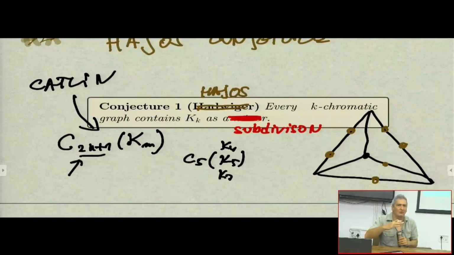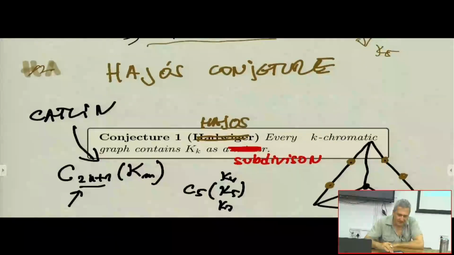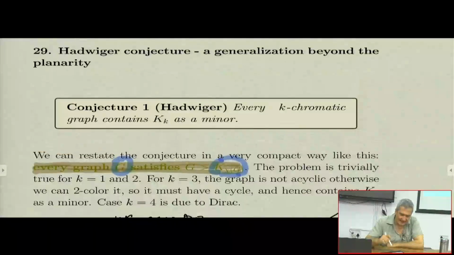So now we try to prove the Hadwiger conjecture for K1, 2, 3, 4, 5, 6. It is difficult. You will help me. Let's take again this copy, and I will go here and put a new page.